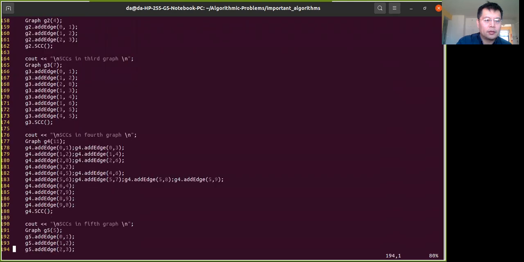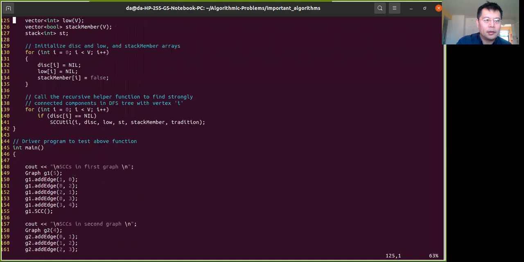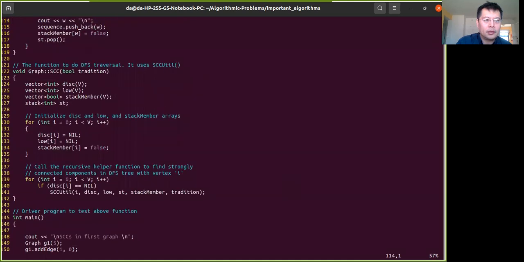We are going to test several cases, but essentially, this is the function called SCC. What it does is call the SCC util function, and from line 39 to 41, SCC util is called on each tree in the graph.